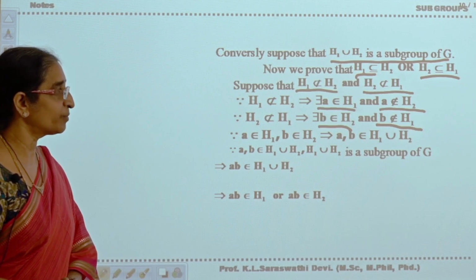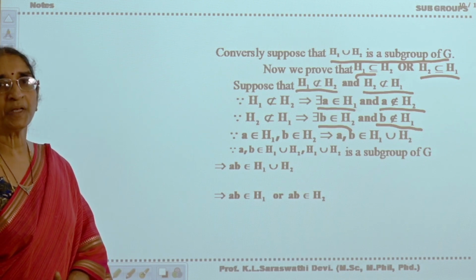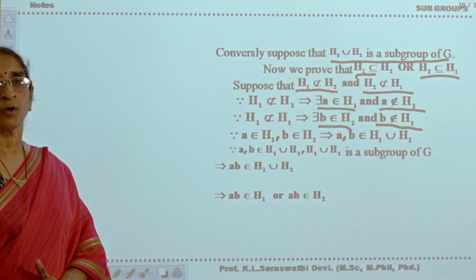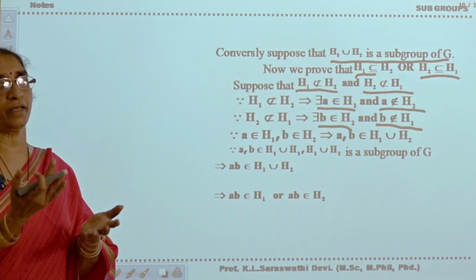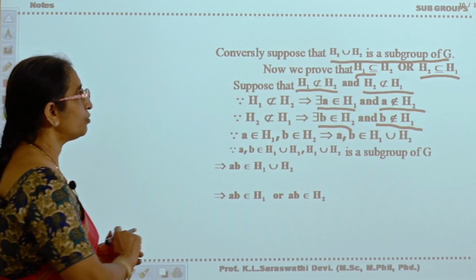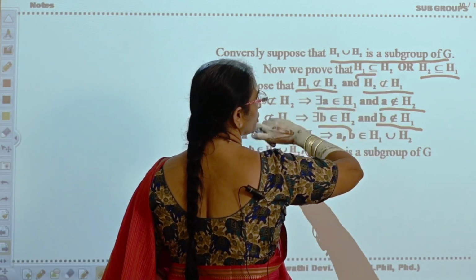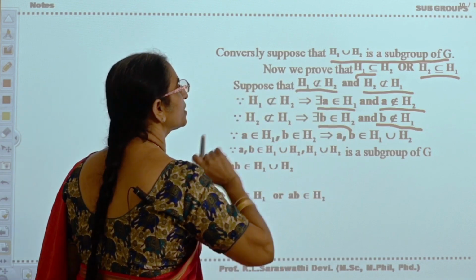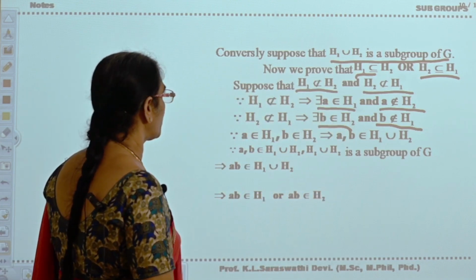Now in what way are you proving? You are proving the theorem in a contradictory way. Now you are supposing that what you have to prove is not correct. That is, you have to prove H1 is a subset of H2 or H2 is a subset of H1. You are taking H1 is not a subset of H2, H2 is not a subset of H1.